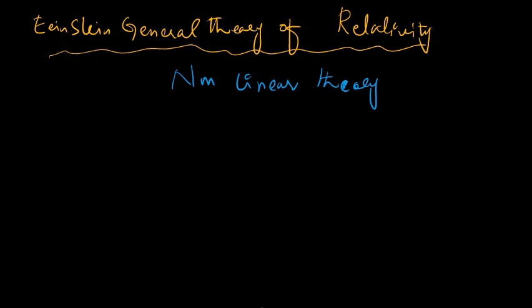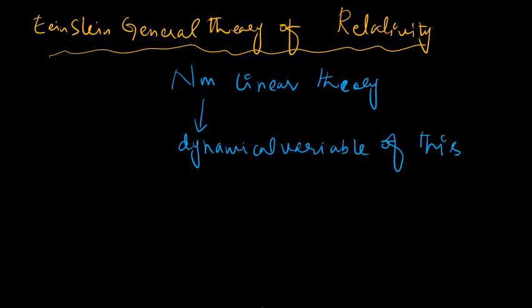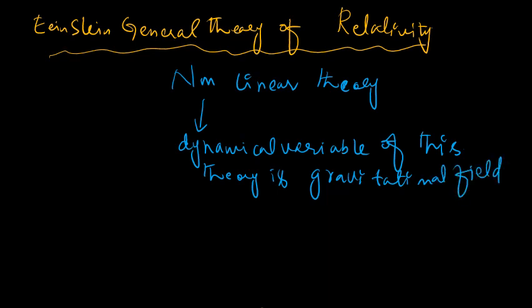The dynamical variable of this theory is the gravitational field, which describes how planets move around different stars.